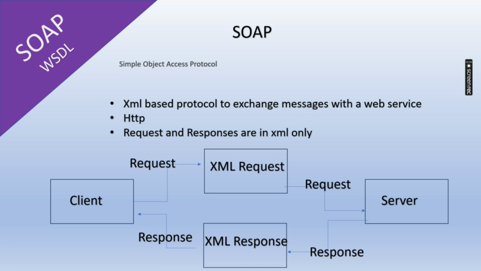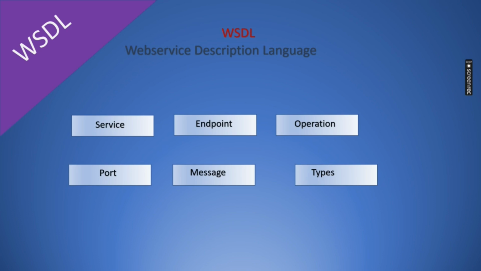Next one is WSDL. WSDL stands for Web Service Description Language. So what does a WSDL consist of? A WSDL consists of service, endpoint, operation, port, messages, and types. The service describes what kind of services it is offering, and in the endpoint there must be an endpoint URL.